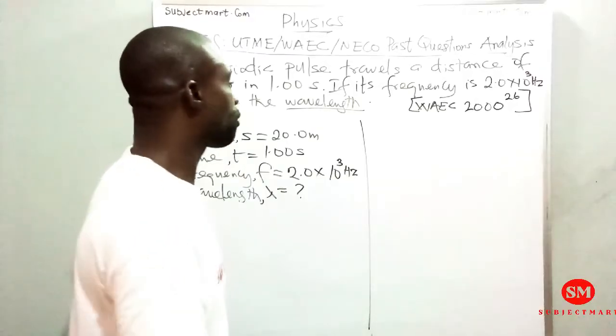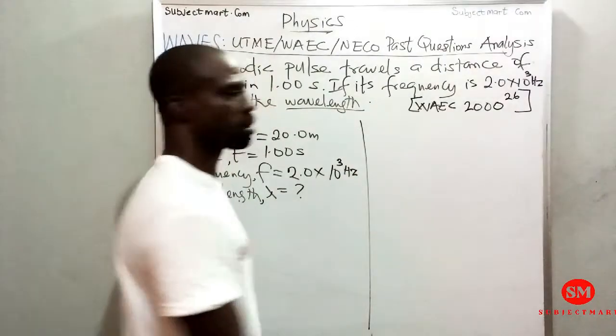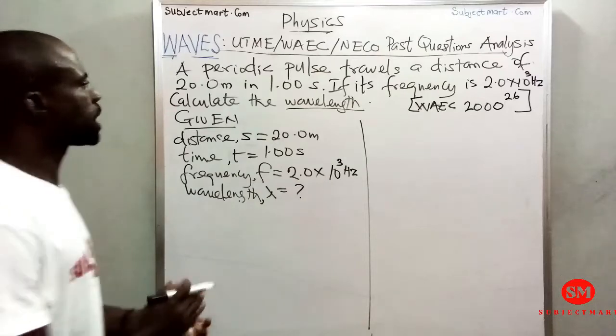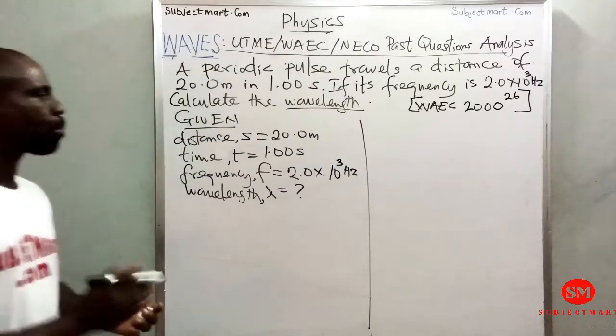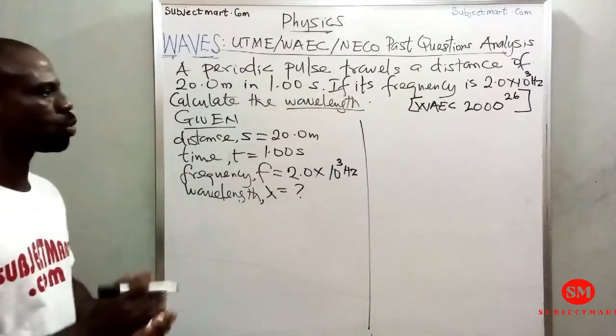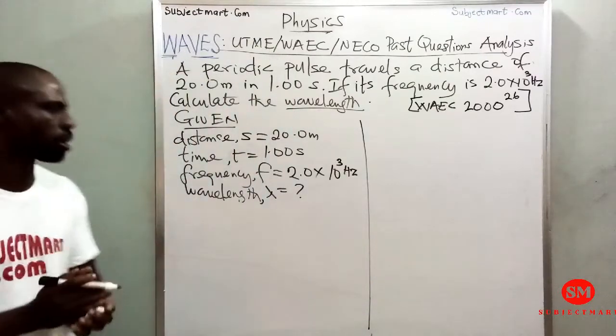This is another question from WAEC 2000 number 26. A periodic pulse travels a distance of 20.0 meters in 1.00 second. If its frequency is 2 times 10 to the power 3 hertz, calculate the wavelength.